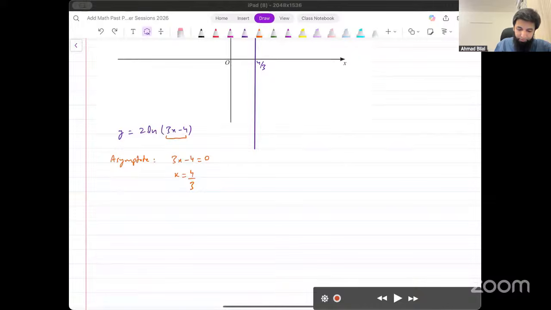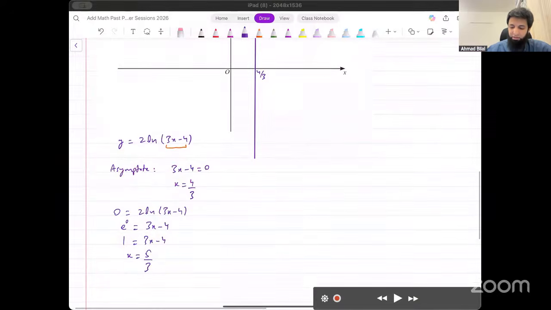Put y equal to 0. 2ln of 3x minus 4. The 2 goes to the other side and gets eliminated. Then e raised to power 0 equals 3x minus 4. E power 0 is 1, so we have 1 equal to 3x minus 4, and the value of x we get from this is 5 over 3.